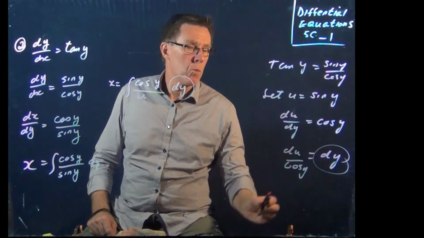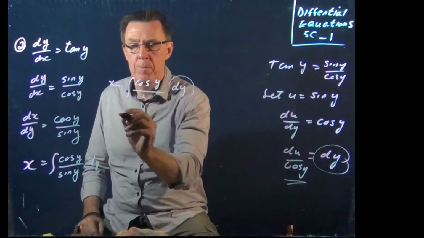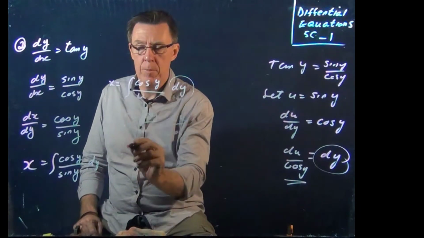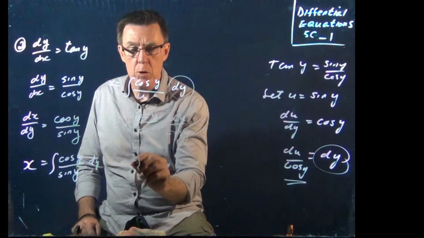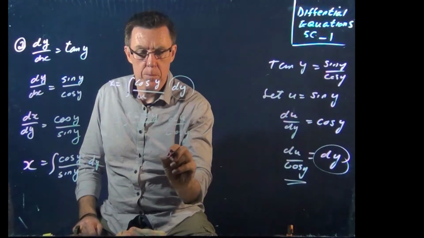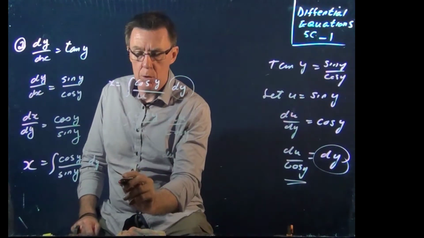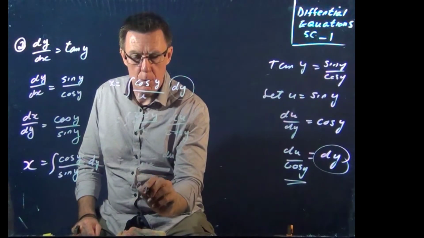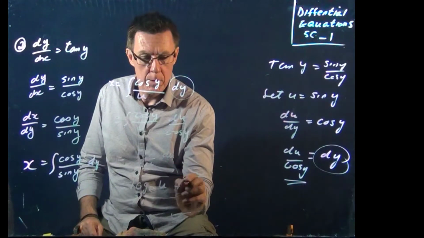Every time I see dy, I can replace it with this. Hey, I have cos y top and bottom that can cancel out, so I'm now left with the integral of 1 on u du. And we know that 1 on u is going to integrate to be the natural log of u plus c.